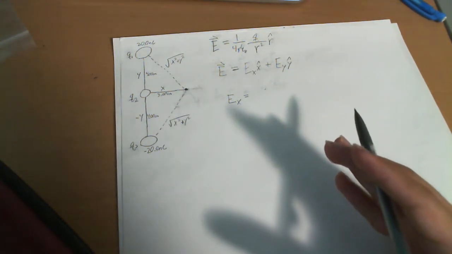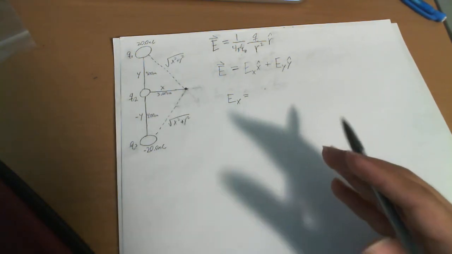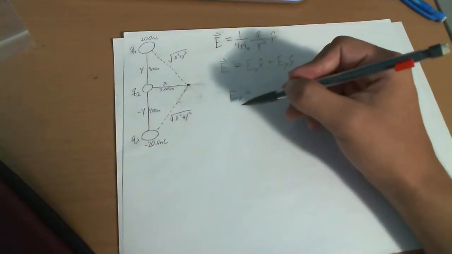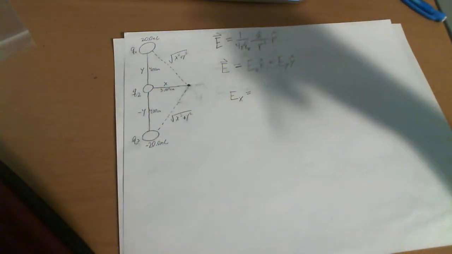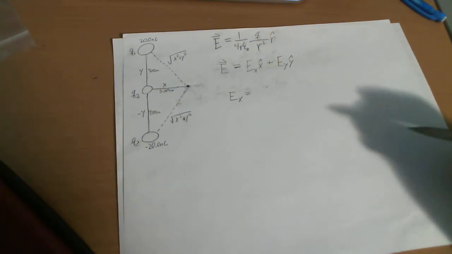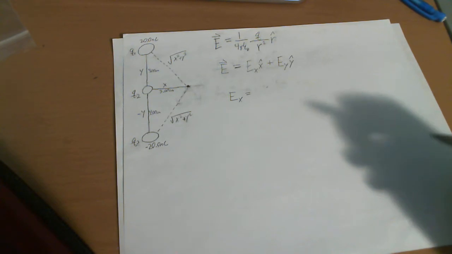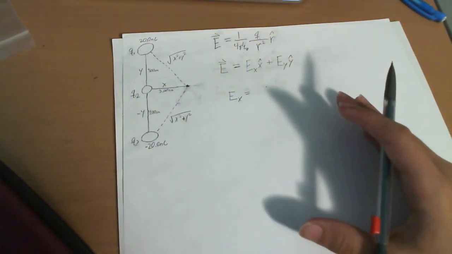So it's kind of like taking a shortcut, and it's a very useful thing. That way you don't have to go through really long equations and potentially make a math mistake. And so the way that I'm going to do this is I'm going to simplify the problem as much as possible using symmetry.